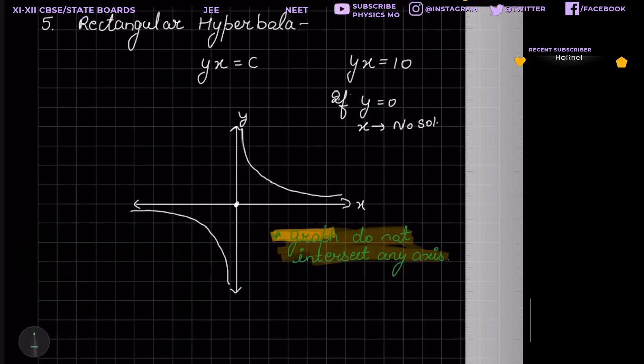Then these axes are called as the asymptotes.